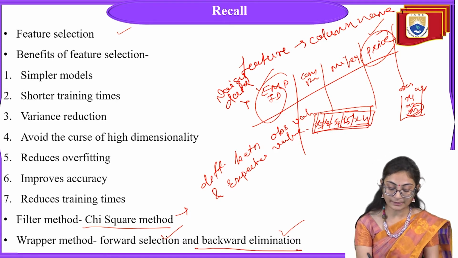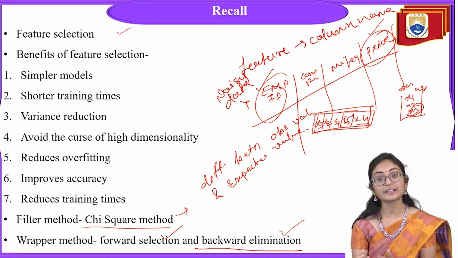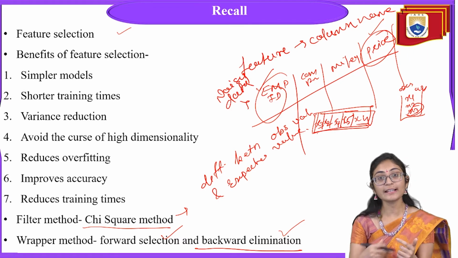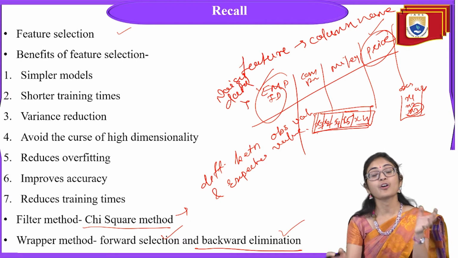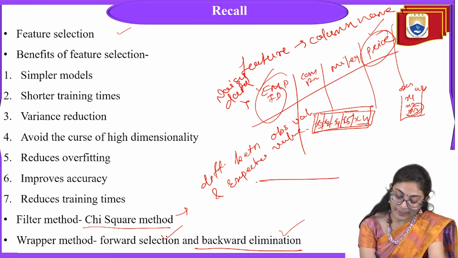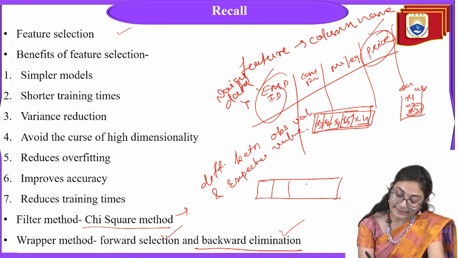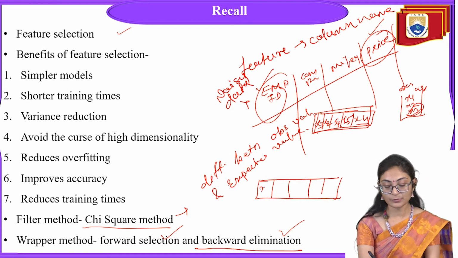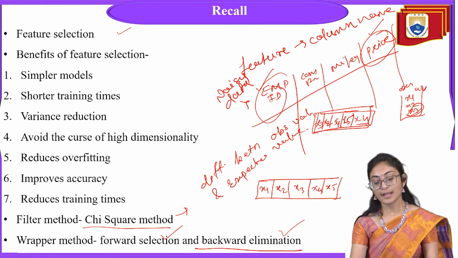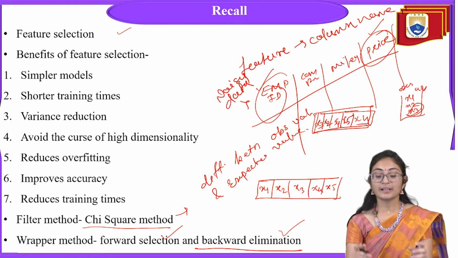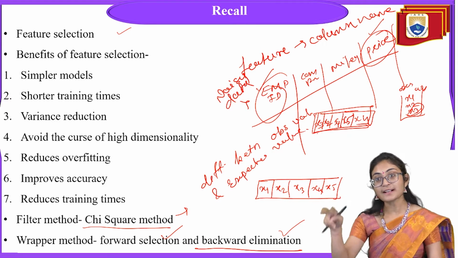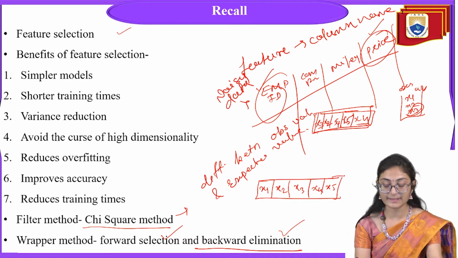After that, we have another technique, backward elimination. Now you have to eliminate the most insignificant or most irrelevant value from your data set. That means in backward elimination, your data set already contains some values, say x1, x2, x3, x4 and x5. But here it will search for the irrelevant attribute, and the process will start from the back side.